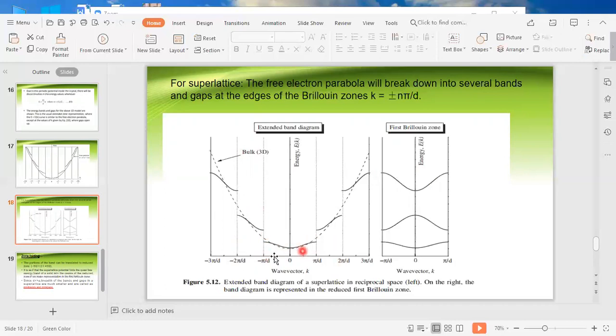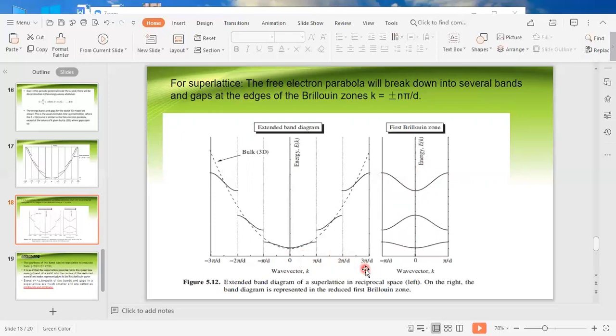The first Brillouin zone will be a simple small parabola, and when you fold exactly at pi by d and minus pi by d, what happens? The next Brillouin zone, which is occurring at 2 pi by d, folds and merges exactly with the first Brillouin zone. So the first Brillouin zone is considered as the base, and the Brillouin zone at 2 pi by d will fold and merge into the first Brillouin zone.